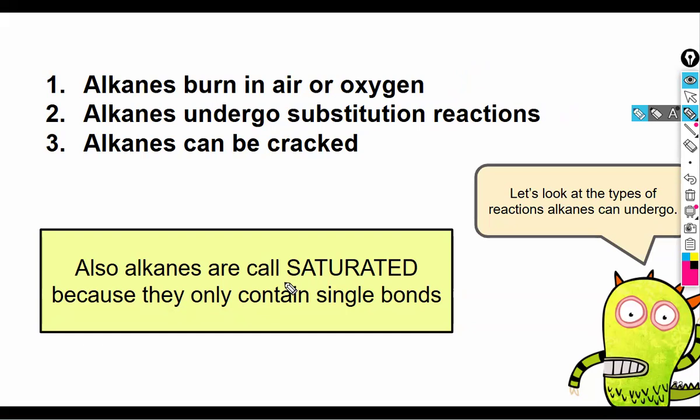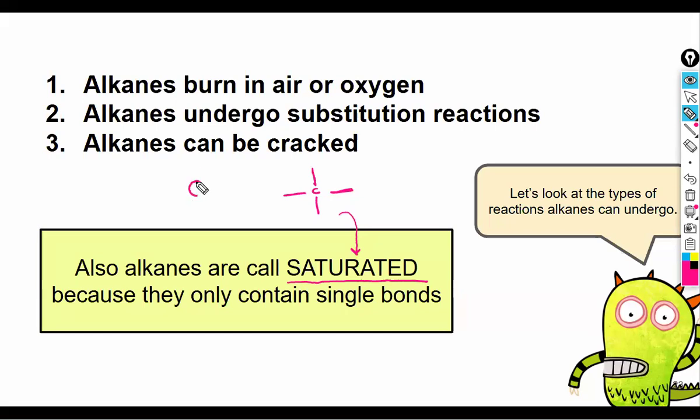Alkanes are also called saturated. Now, let me explain what saturated means. You notice in alkanes, it only has single bonds, like all the bonds were single bonds like this. Anytime in organic chemistry you see something with single bonds, the fancy name for that is saturated.